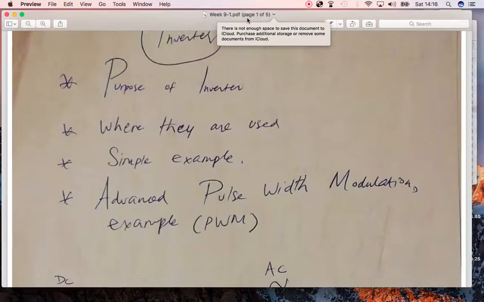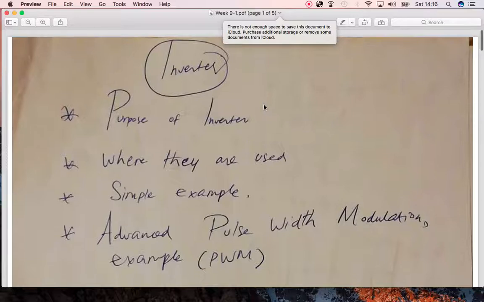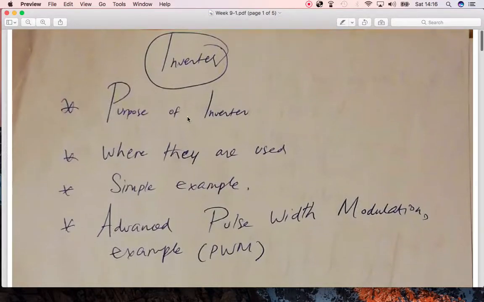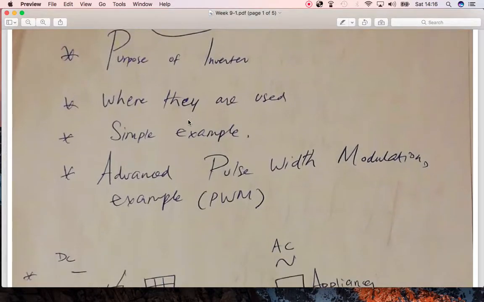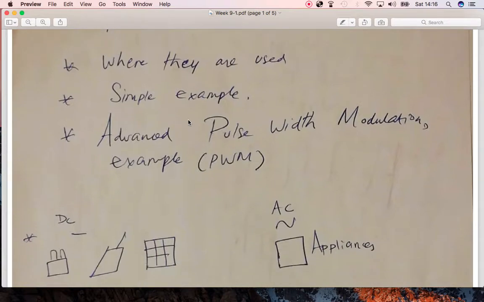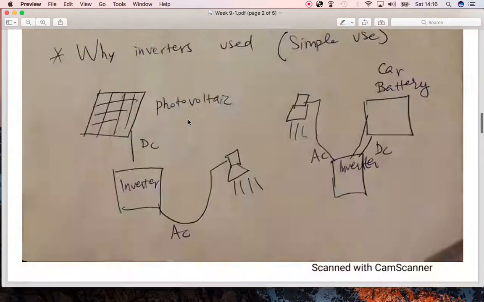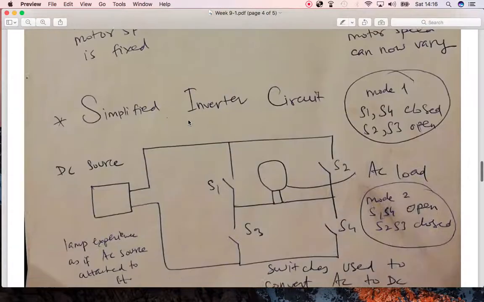In this lecture I will be focusing on the inverter, its purpose and where it is used, and will give you some simple examples of the use of the inverter, and also comment on pulse width modulation over here.